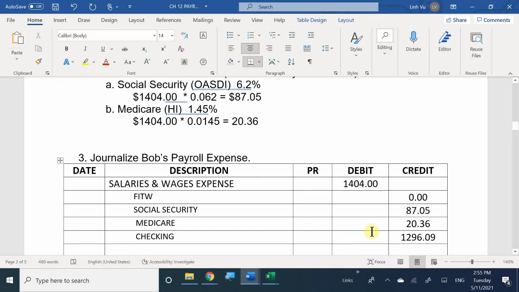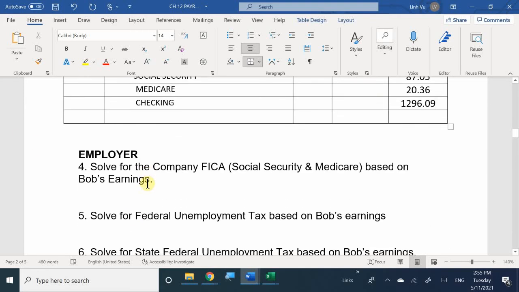So that was just dealing with the employee. Now we have to calculate the tax that the employer has to pay for having Bob. We have to calculate his Social Security and his Medicare, also known as company FICA. In this case, you do have to combine them.